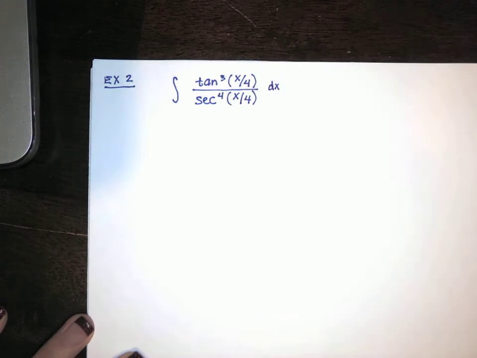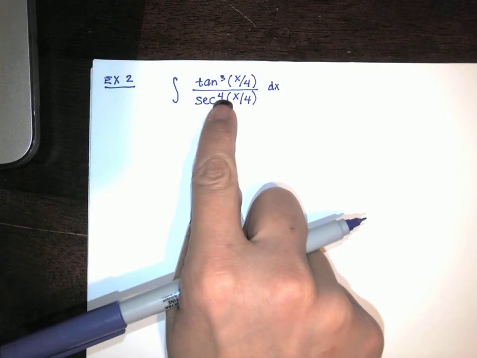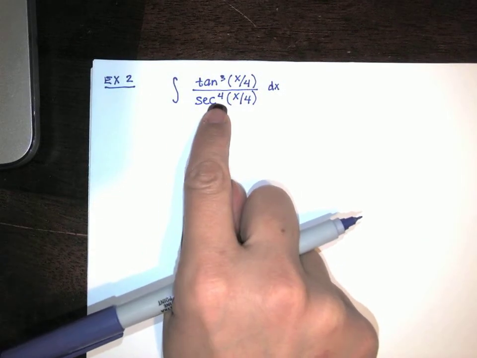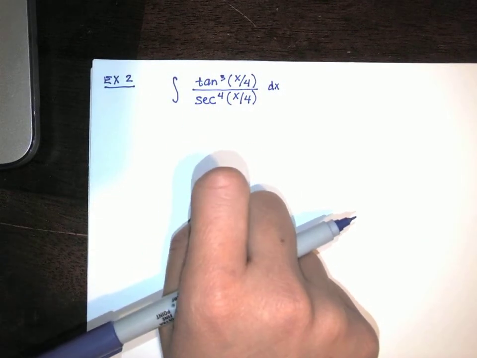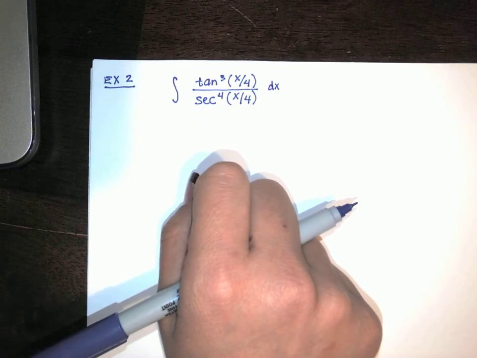And we're anti-differentiating with respect to x. Now in this one, notice the power of secant is even, but it's negative. That's a secant to the negative 4, if we bring that up to the numerator. And the power of tangent is odd.